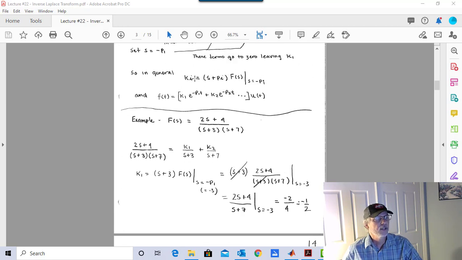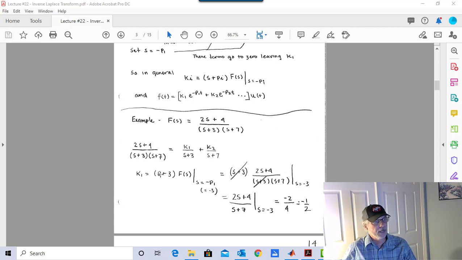And we're going to use our formula here. And we're going to say K1 is equal to S plus P1. That means S plus 3 times F of S, and we're going to evaluate that at S equals minus P1.